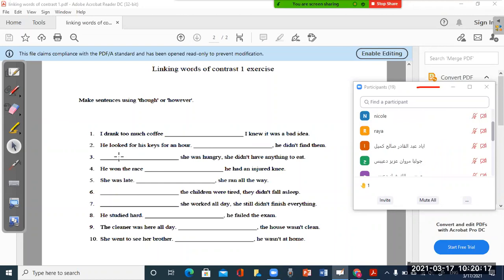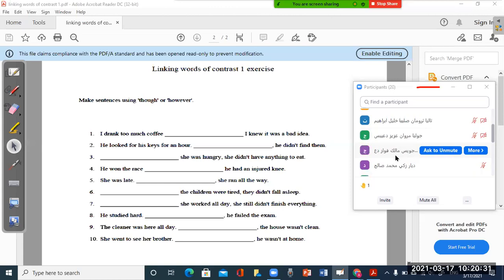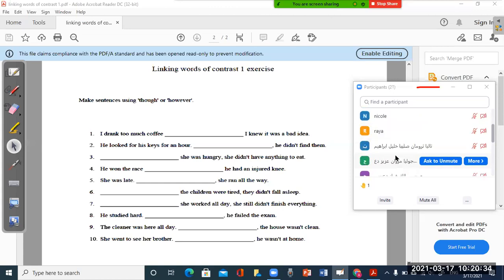Iyad, number 3. Go. So leave it, Iyad, and Faris Osama, go. Though she was hungry, she didn't have anything to eat. Okay, the next one, Amin.